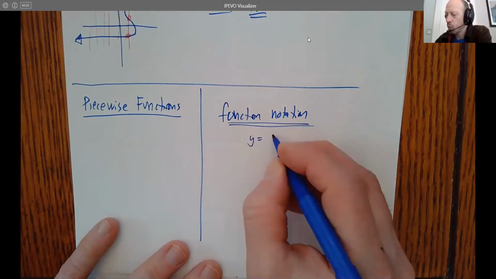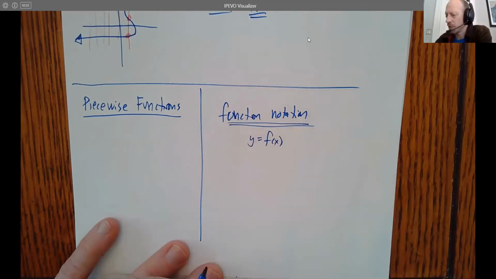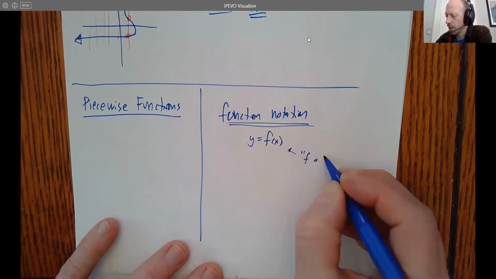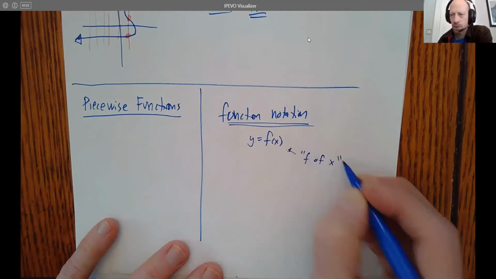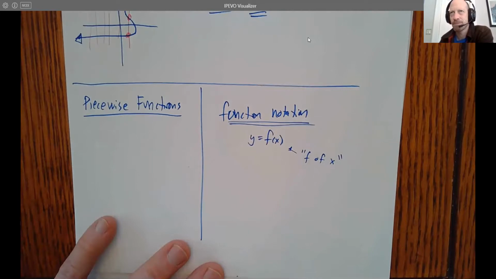Function notation is replacing y with this symbol, f of x, is what we call it. F of x. And we can do that when we have a function because the y value is totally determined by the x value.